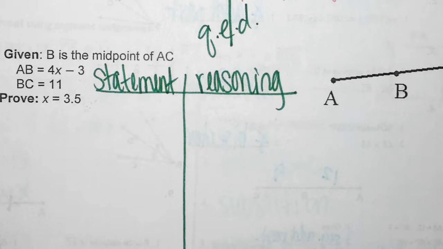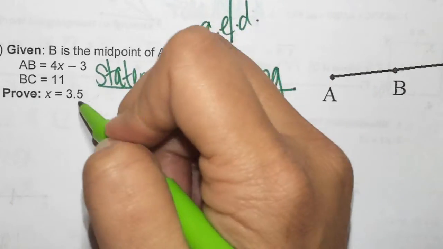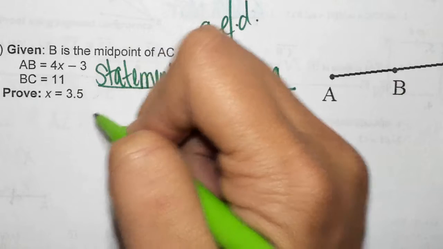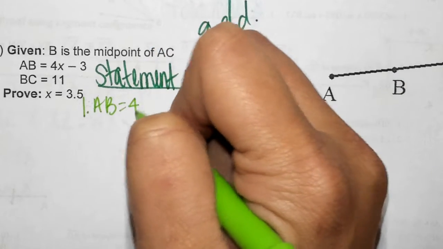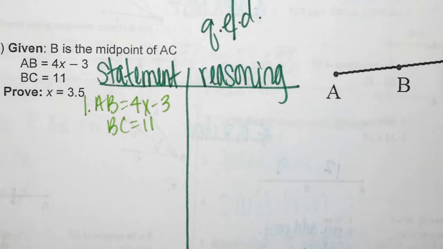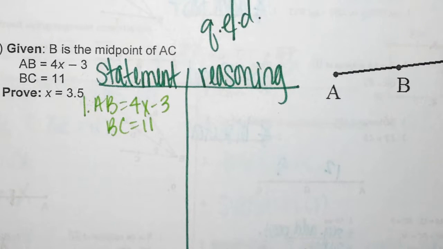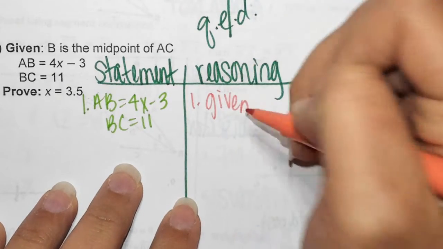Alright, so I made a two-column proof. And what do they give us? B is the middle. AB equals 4x minus 3, BC equals 11. And our reasoning is given.